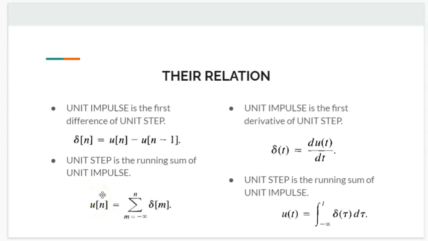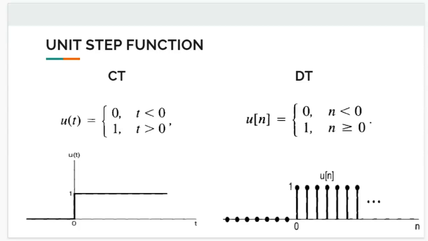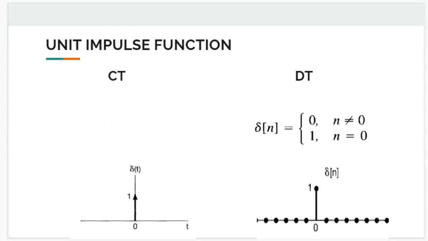And if you wish to draw a similar analogy for the continuous time part as well, then you will get this. The unit impulse function is the first derivative of the unit step function. You take the unit step function, and its derivative is 0 for all t less than 0, and again 0 for all t greater than 0. That is why these two parts are explained this way.